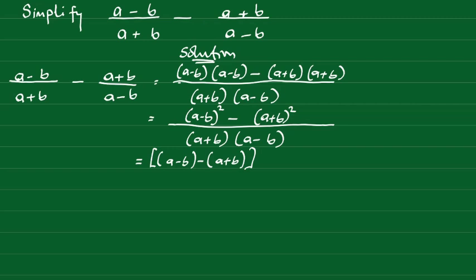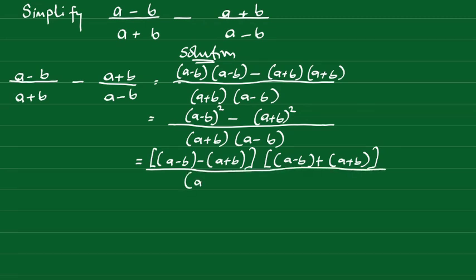Now we have (a minus b) plus (a plus b), all divided by (a plus b)(a minus b).